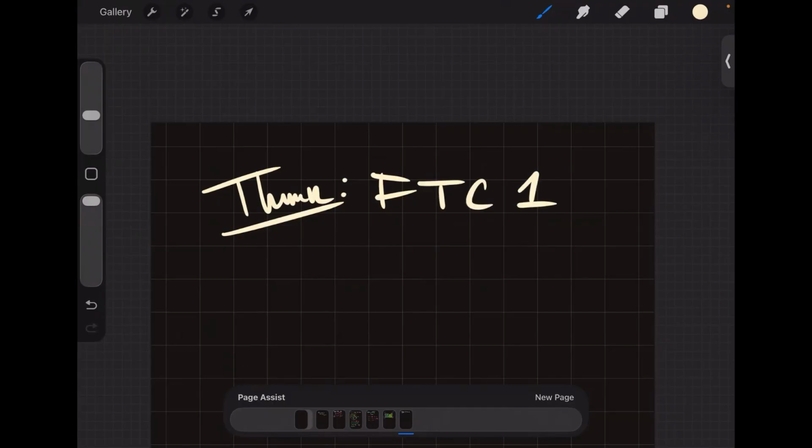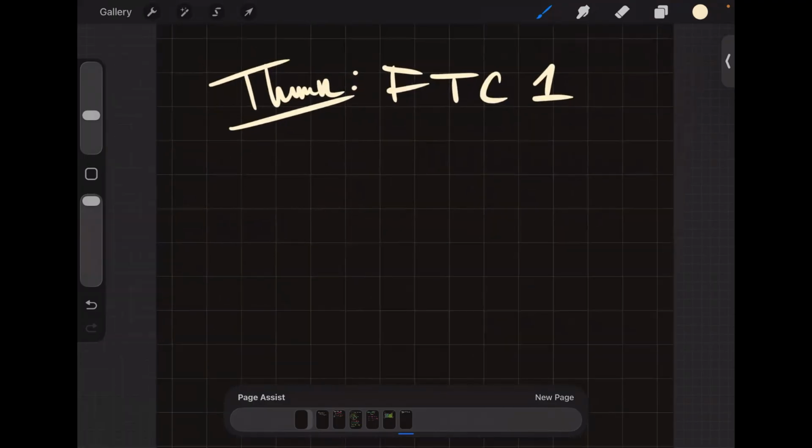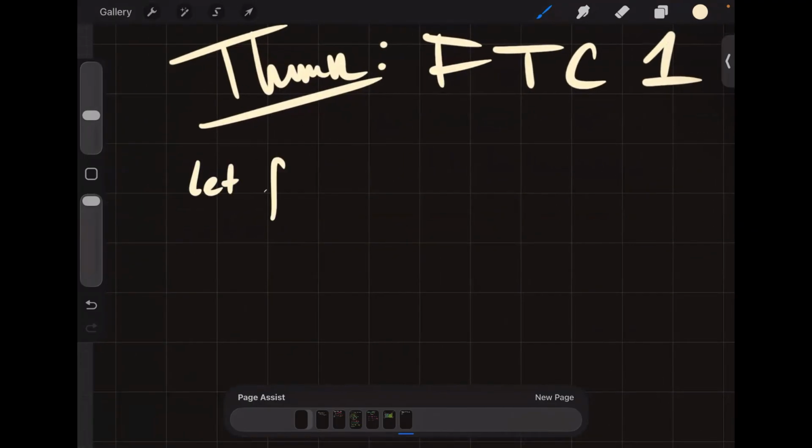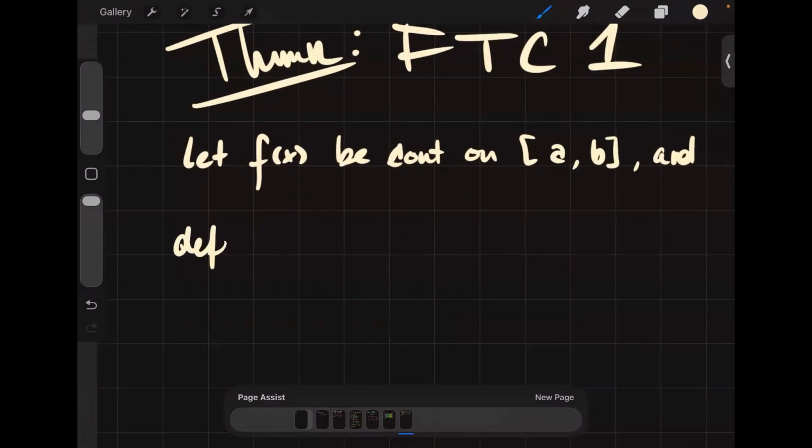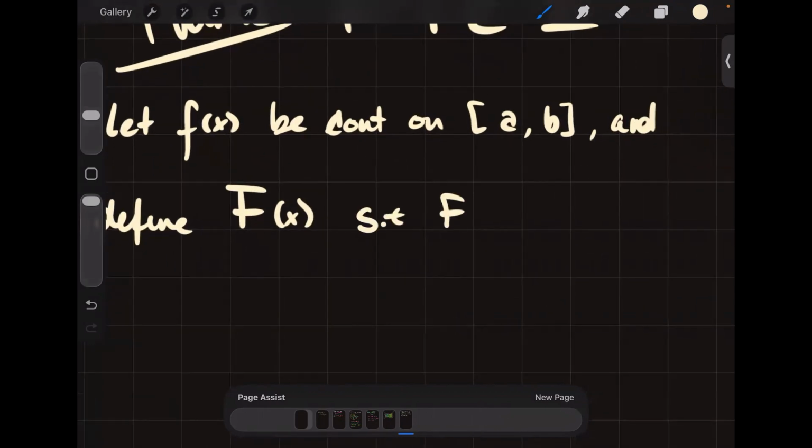Okay. And all it means, actually, okay. So let f of x, a function, be continuous on the interval a to b, and define big F of x such that big F prime of x is equal to little f of x.